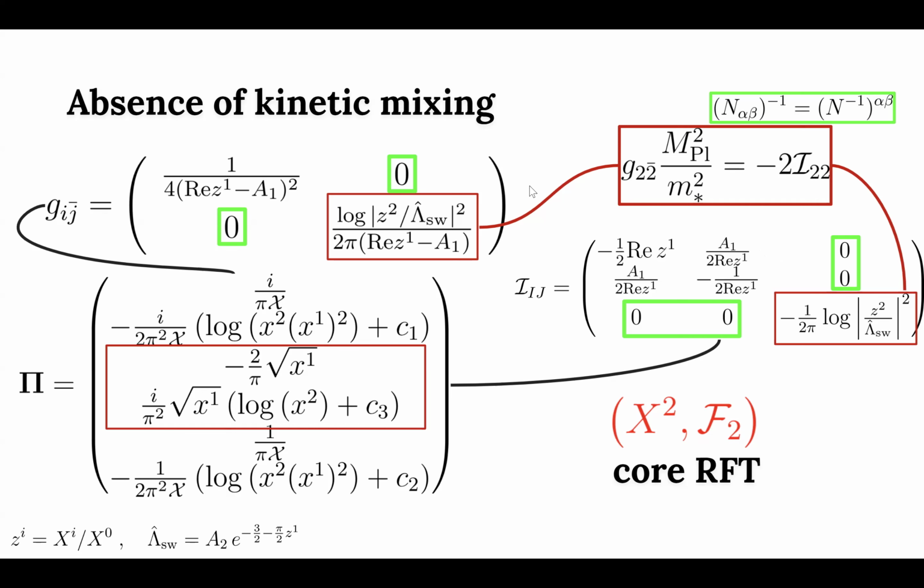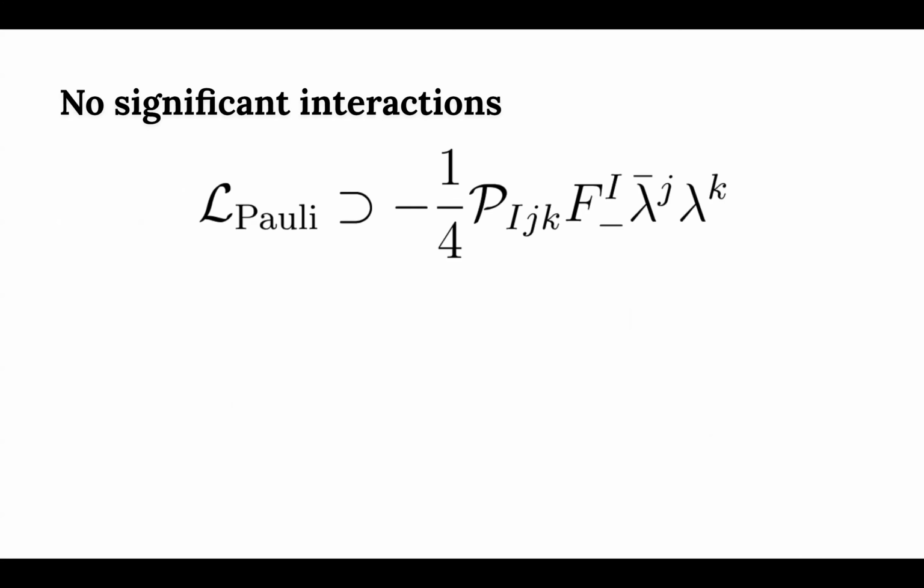Let me now tell you about the second condition that we should verify for the EFT couplings. That is asking for no significant interaction mixing the core rigid field theory with the other sectors. In particular, here we mean the gaugino gauge boson coupling that is encoded in the Pauli term.